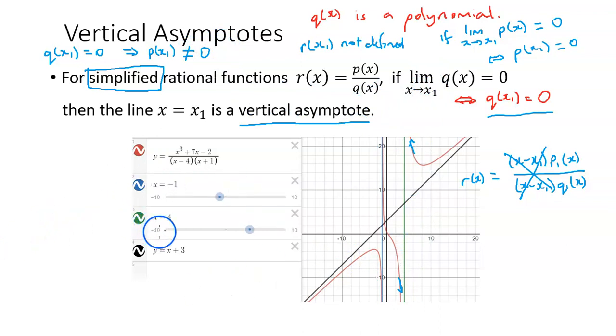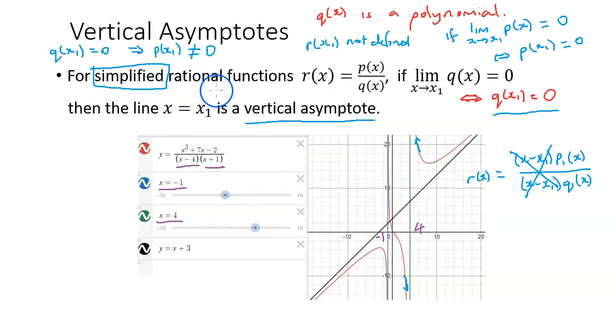Alright, so that's it. To find the vertical asymptotes for a simplified rational function, all you gotta do is find the values where your q of x is equal to 0. And in this case, one of them would be 4, and the other one would be negative 1. So those are our two vertical asymptotes for this function.